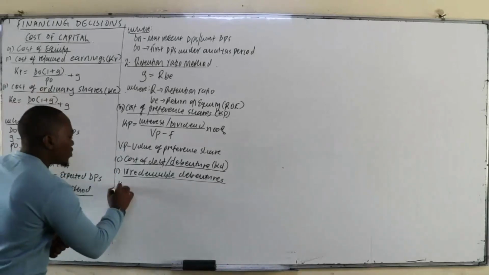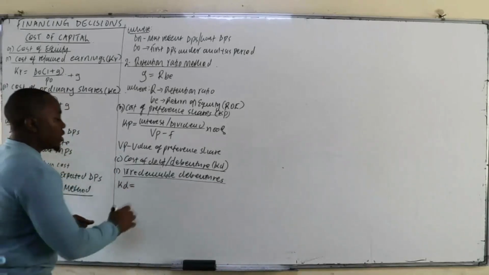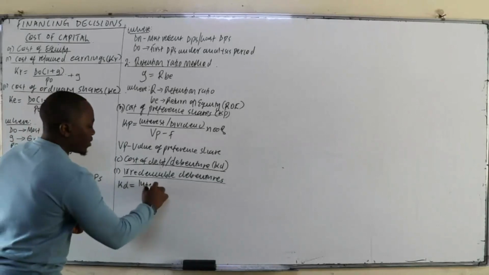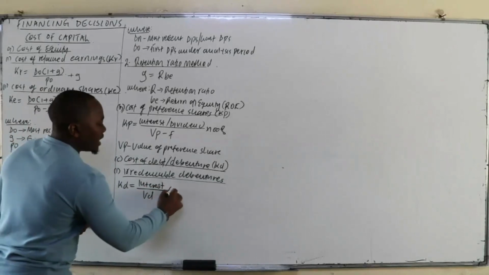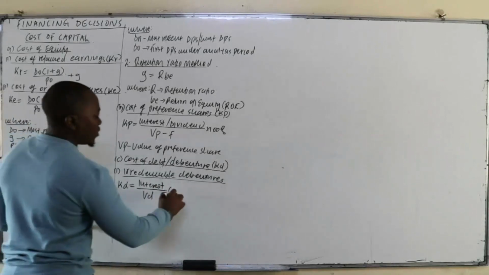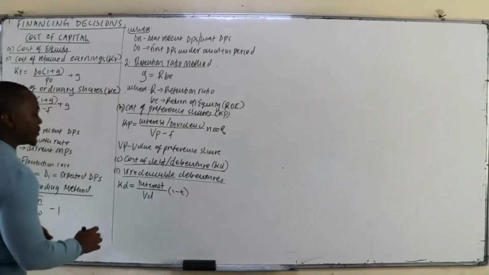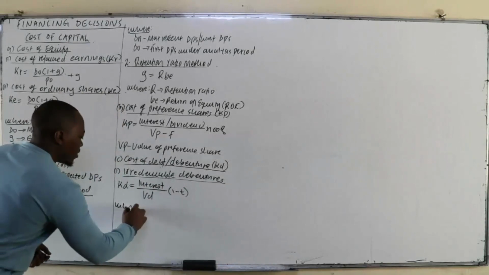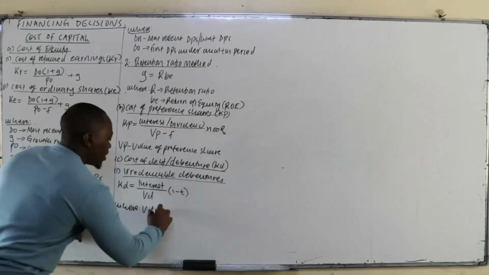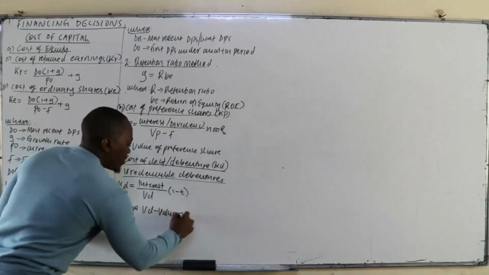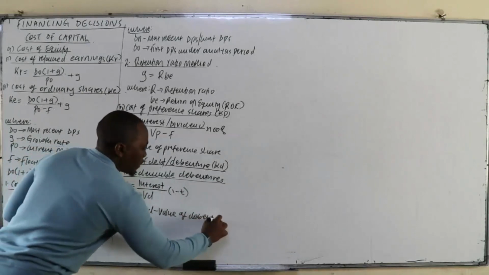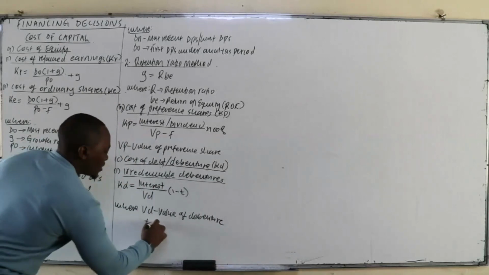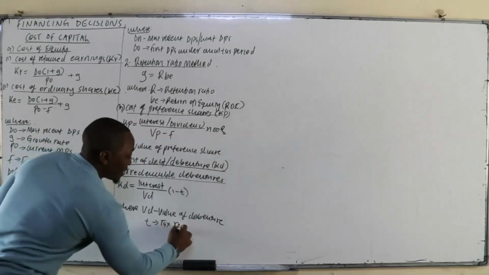So how do we get the cost of the debt in the case of irredeemable debentures? You take the interest and divide it by the value of the debt. Then the debt is allowable for tax purposes, so you take 1 minus T, where BD is the value of the debt or debenture, and T is the tax rate.